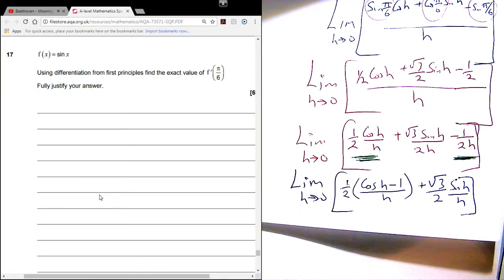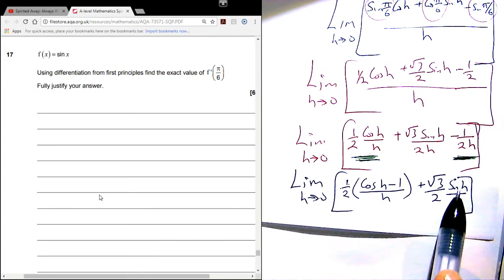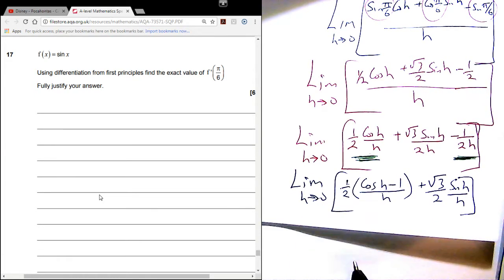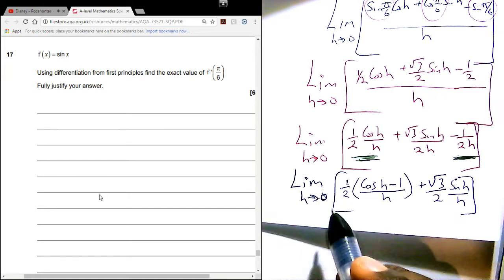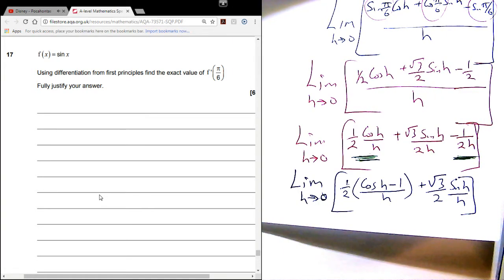If you go to your formula sheet, we have approximations for sine h when h becomes very small. Limit of whatever as h tends to 0 means what happens when h becomes very small. We used that earlier in one of the questions before now.